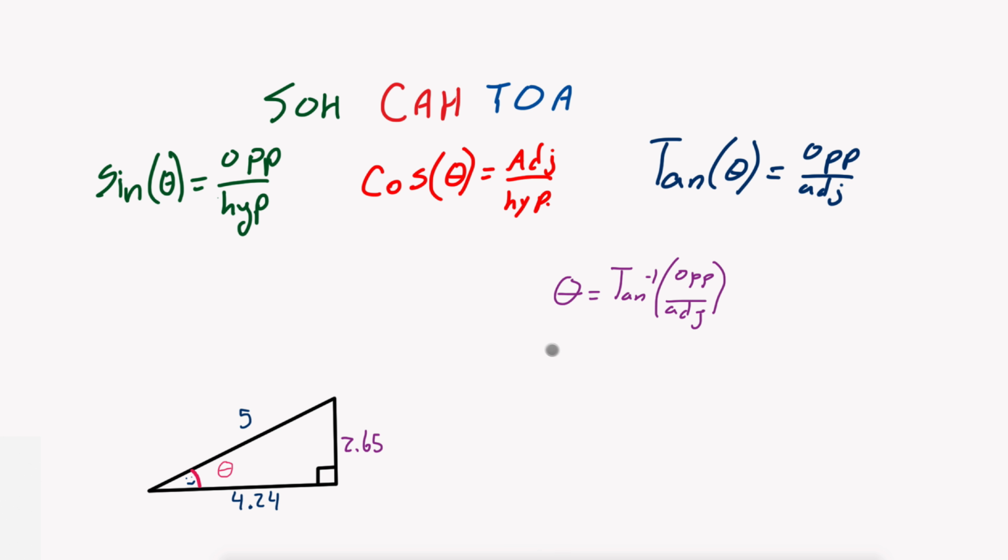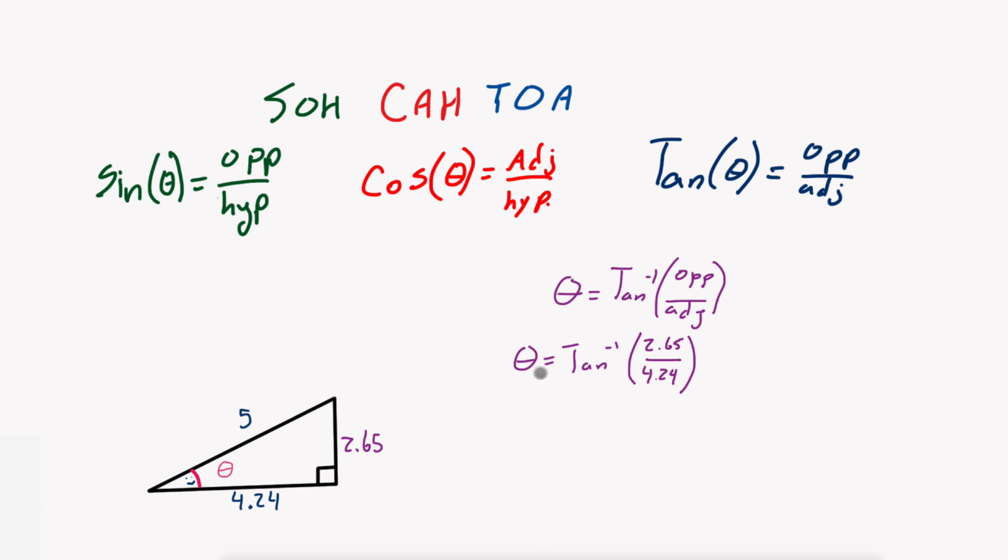So if we were to write this out, we would have theta is equal to the inverse tangent, -1, of our opposite, which is 2.65, divided by our adjacent, which is 4.24.